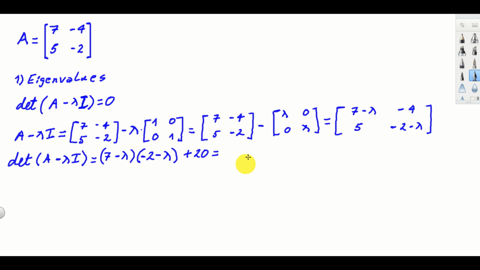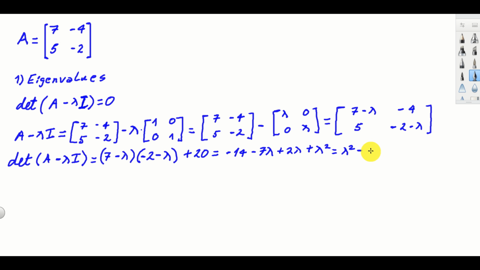Let's multiply all the entries together. We have minus 14. Then we have minus 7 lambda. Then we have plus 2 lambda. And finally we have plus lambda squared. And this becomes lambda squared.